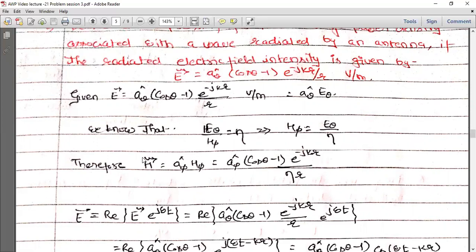What are these electric and magnetic field phasors? When you suppose that an antenna is placed at the origin, and because of this a wave is radiated, when this radiated wave reaches a particular point P, this is the electric and magnetic field available at that point. Now, phasors are defined only for harmonic fields, number one.